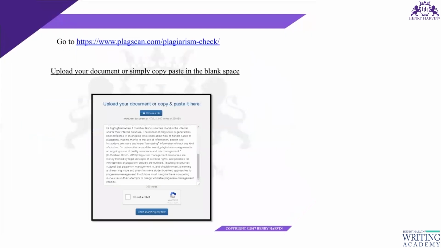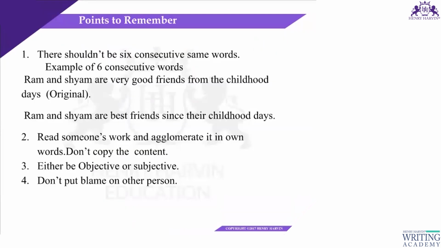These are some of the software and websites which we'll go through now. I was talking to you about the 6 consecutive words, right? So there shouldn't be 6 consecutive same words. For example, here: Ram and Sham are very good friends from the childhood days. So 1, 2, 3, 4, 5, 6, 7, 8, 9, 10, 11. So totally 11, right?